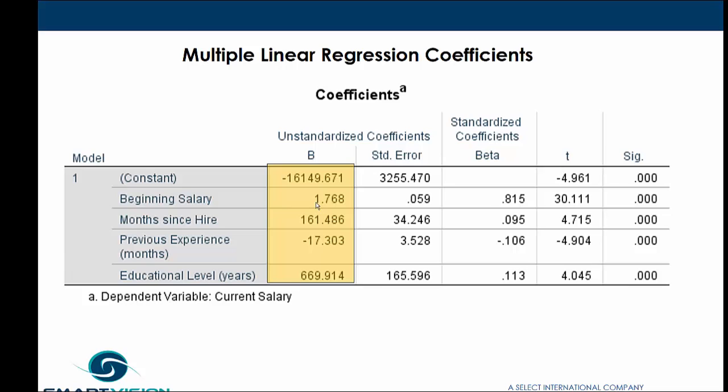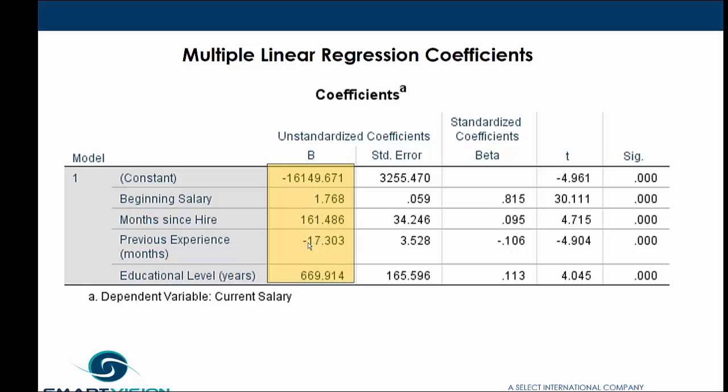Beginning salaries now, we're multiplying that by 1.768 rather than 1.9. Months since hire is saying that for every extra month you've had since hire, your current salary is worth about $161 more. And amazingly, previous experience is saying for every extra month of previous experience you have, it's actually worth $17 less in your current salary.